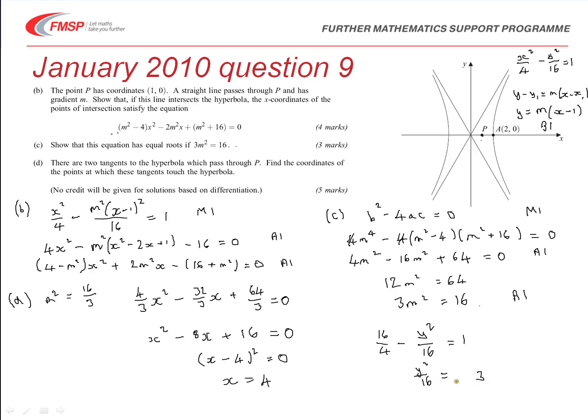So then we can multiply by 16 to get y squared equals 16 times 3. And then if we square root that, square root of 16 is 4, square root of 3 is root 3, and then of course because you've square rooted it, that value can be either positive or negative to give us our two possible intersections of our tangents that we require.